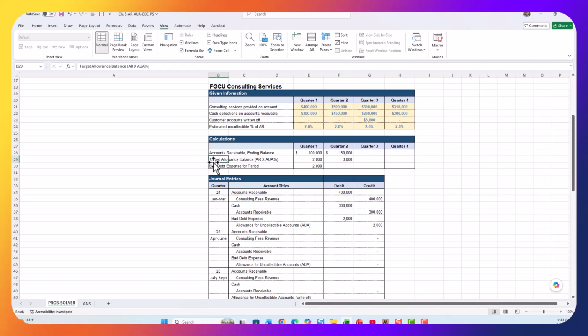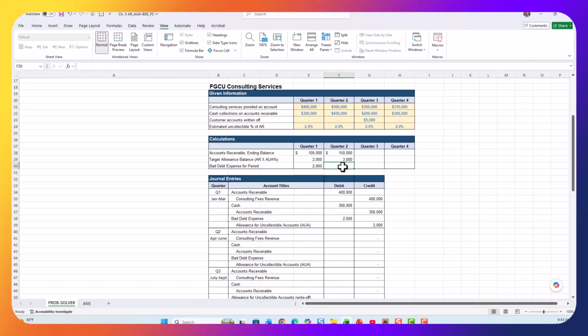Finally, we'll determine our bad debt expense. In this case, our bad debt expense is not $3,000 because we already have $2,000 in our AUA account. The bad debt expense for any accounting period is the amount needed to take the prior balance in the AUA account to the targeted balance for the current period.